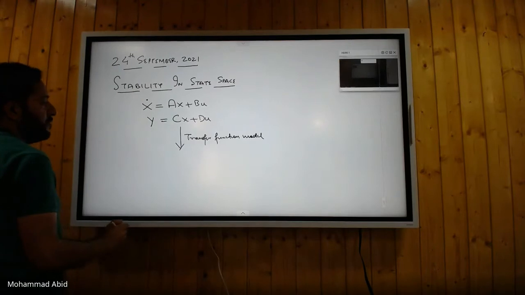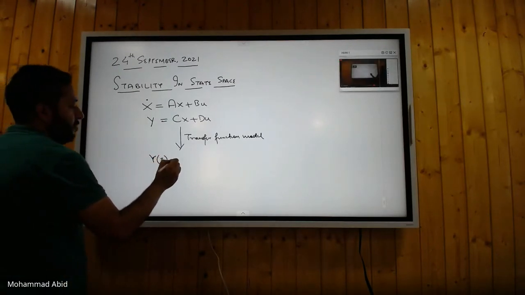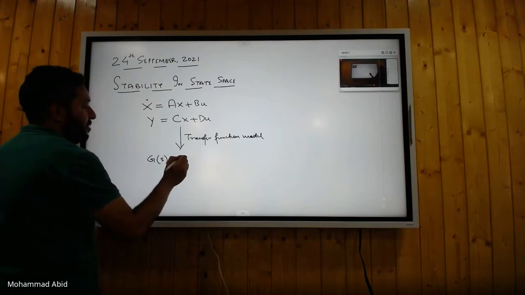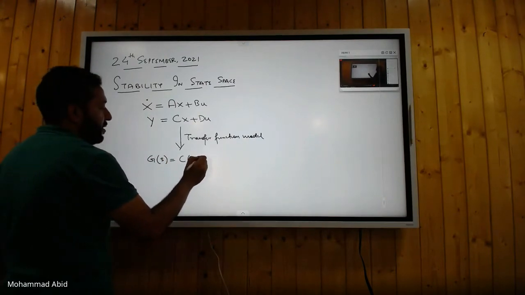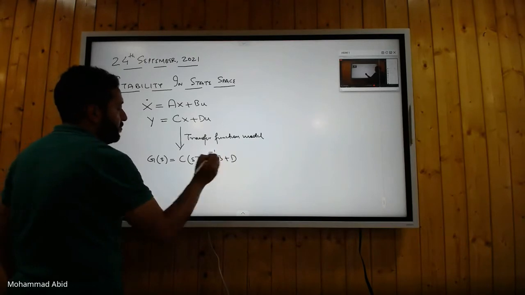So what was the transfer function model like? It was G(s) equal to C (sI minus A) inverse B plus D, isn't it?